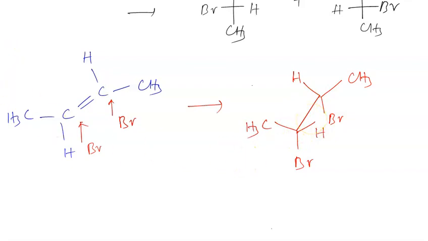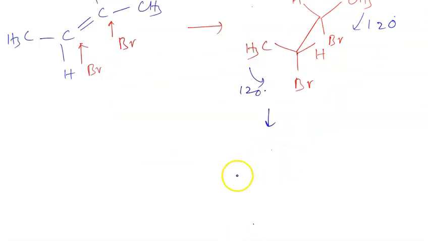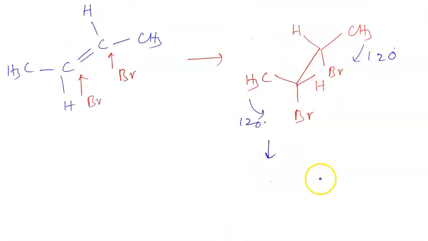Now what we do? To convert into the Fischer projection formula, as I have done here, let us give rotations. This rotation give 120 degrees, and this one let us give the same 120 degree rotation in this direction. Therefore, we will get the corresponding structure like this.